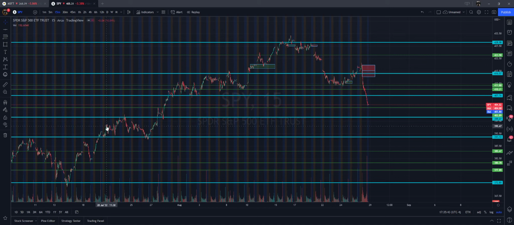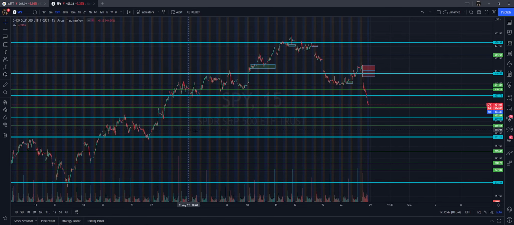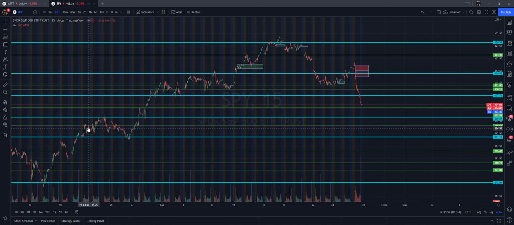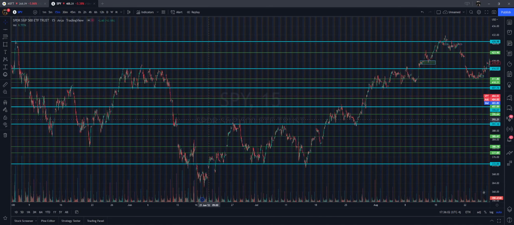There's a support, and then a resistance over here. Make sure the lines are touching some of the wicks, or several rejections to the downside or the upside. Just make sure you get that all covered.